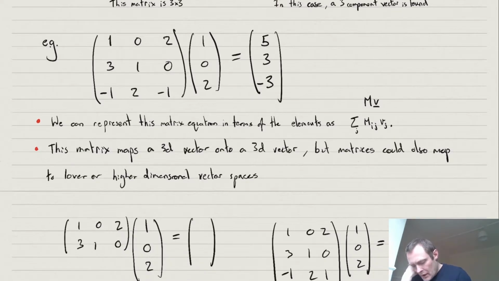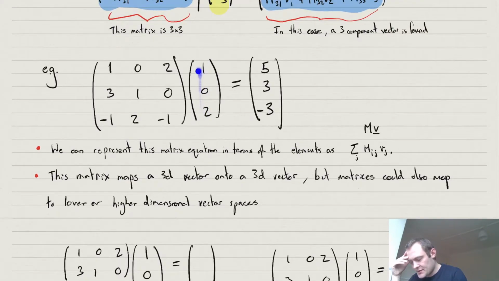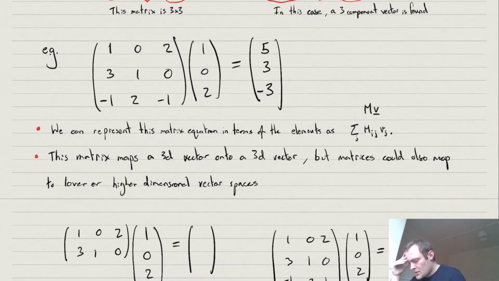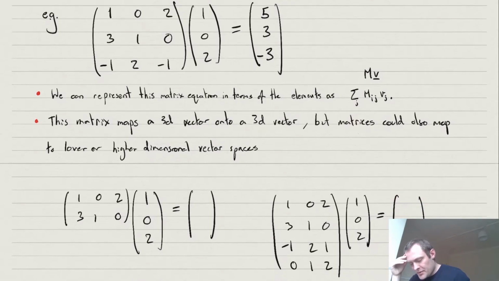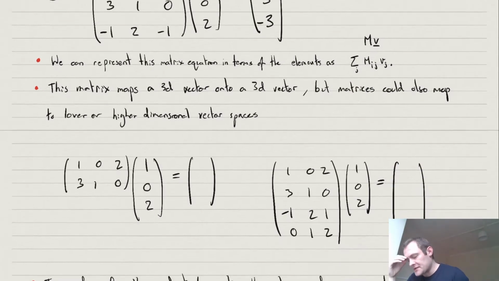Now, this matrix maps a 3D vector, so this vector, onto another 3D vector. And that's going to be the case of any matrix which is square. So as long as you have the same number of rows as columns, then you'll map an N-dimensional vector onto another N-dimensional vector. But we could also imagine matrices that could map into lower or higher dimensional vector spaces.